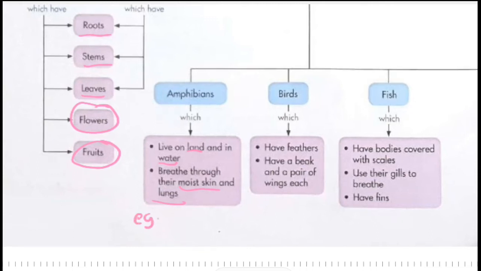Example, frog. Birds have feathers, a beak, and a pair of wings each. Example, parrot.